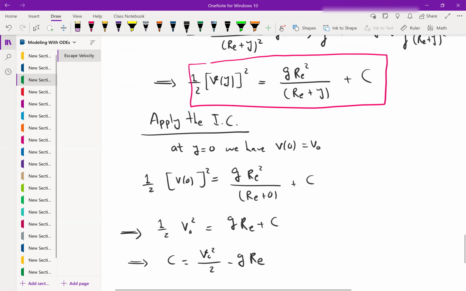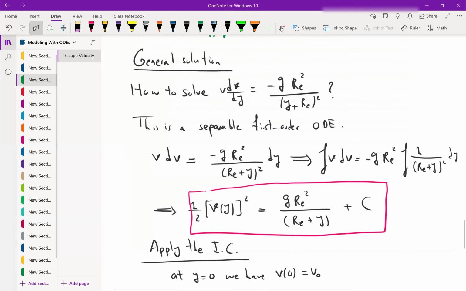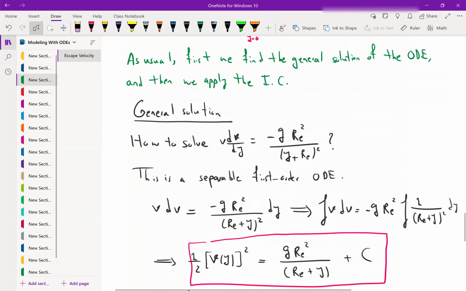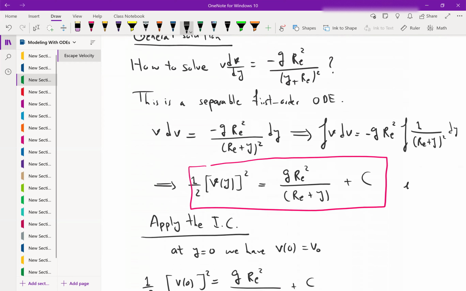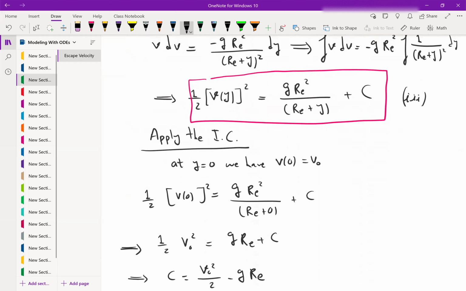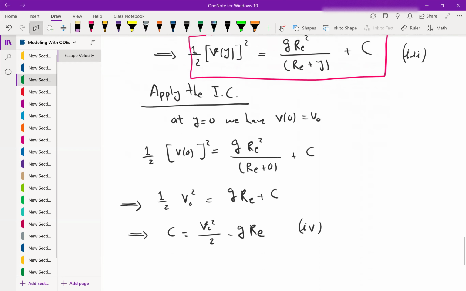All right, now I can put everything back together. Here I'm going to call this formula 3, and this C I'm going to call 4. 3 and 4 together will tell me exactly what v of y is. Now we found the answer to the first part of our question, which was to determine the velocity of this motion.